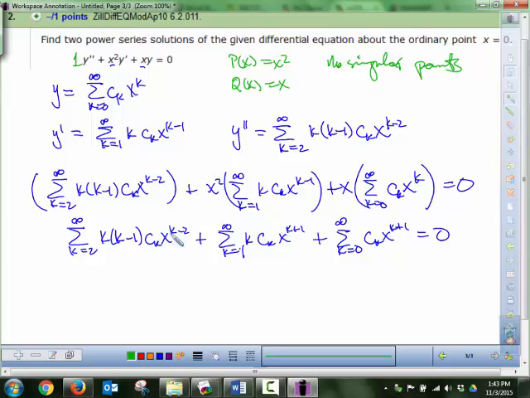What does that mean? For this one, to write this as x to the k, I want to change my k to k plus 2, right? Add 2. And that means I need to subtract 2 from the index.